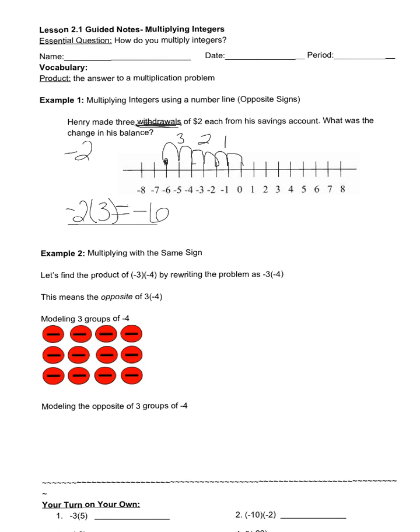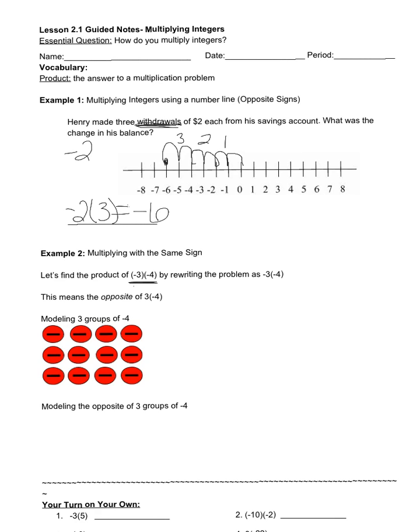For our second example, we're going to take a quick look at multiplying with the same sign. So we see here, we have an example of finding the product of -3 times -4. But I'm going to rewrite it as -3 without parentheses times -4, which is within parentheses.